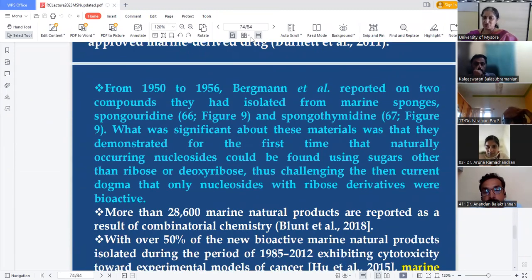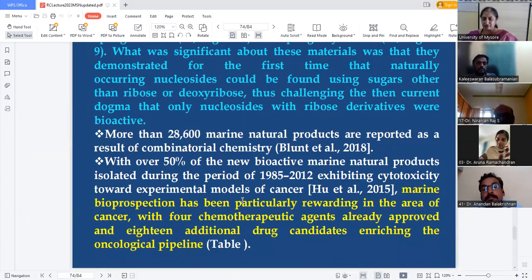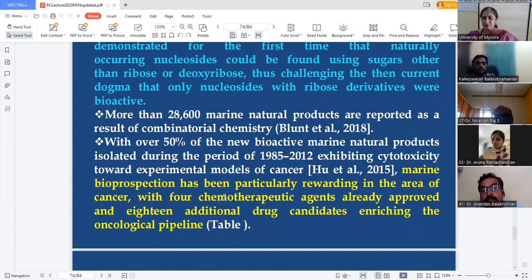Then we have several other novel compounds that have been isolated from marine sponges, and more than 28,600 marine natural products have been obtained as a result of combinatorial chemistry, either by derivatization or new synthesis. Okay, and that's why there is more and more quest for the isolation of compounds from marine natural products.